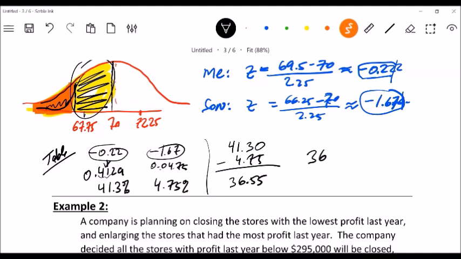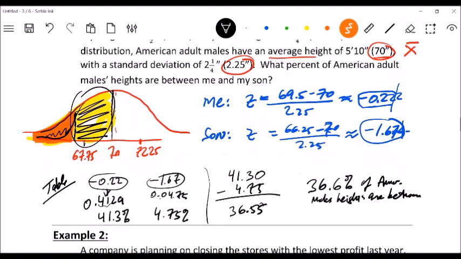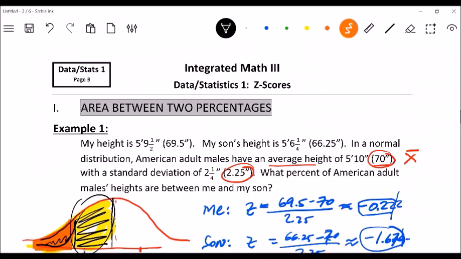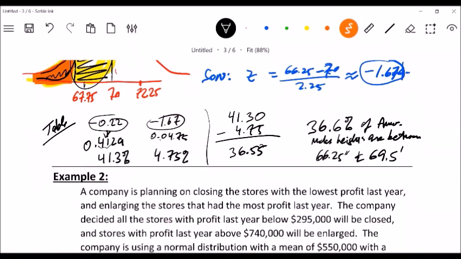So that means 36.5, or around that, 5 up, 36.6% of American males' heights are between his and mine, which is 66.25 inches and 69.5 inches.